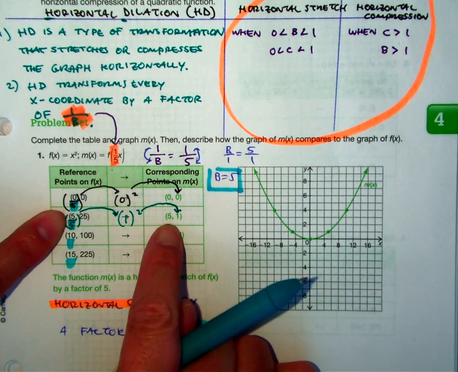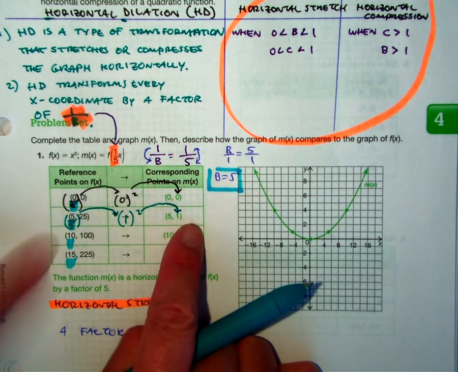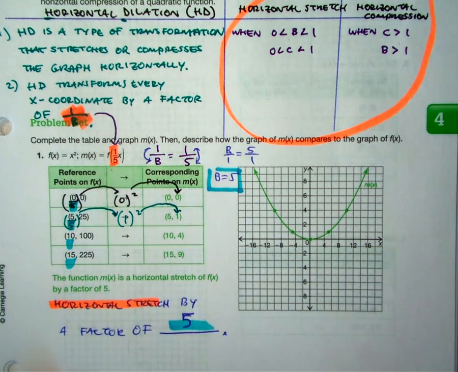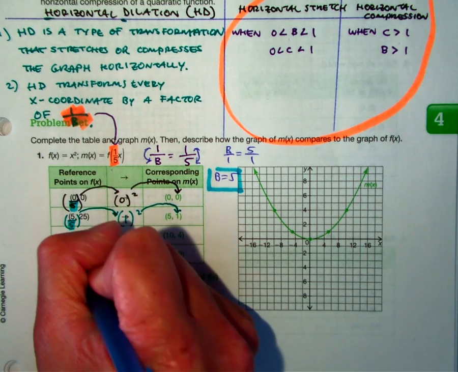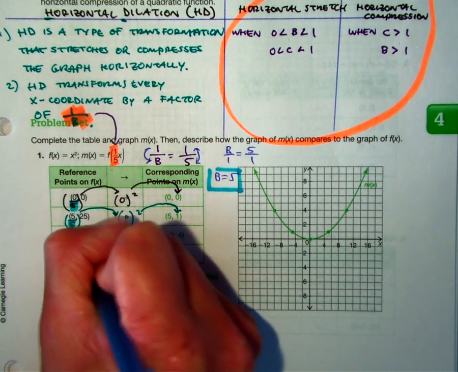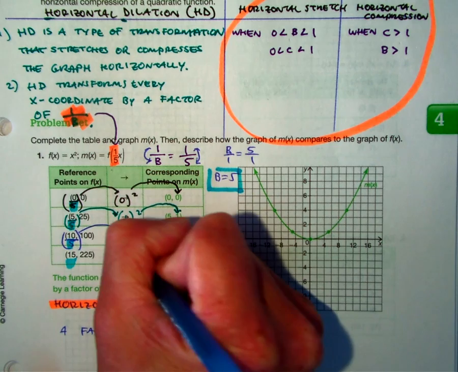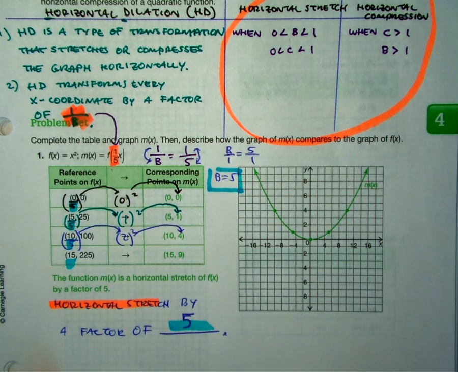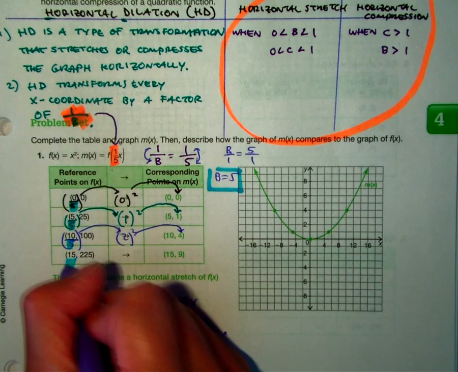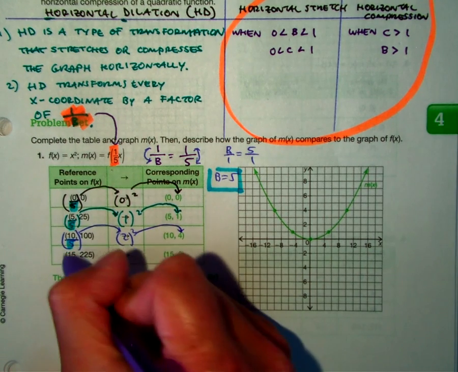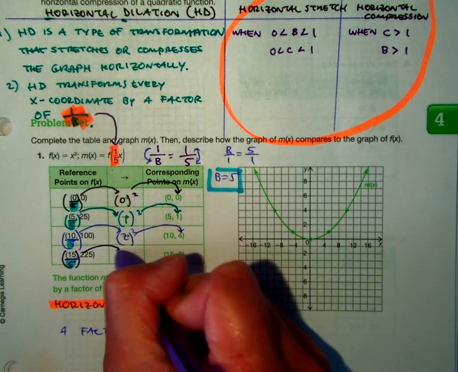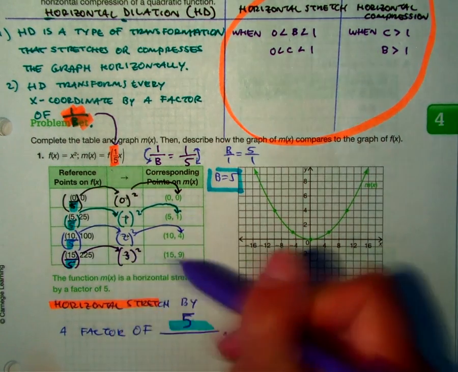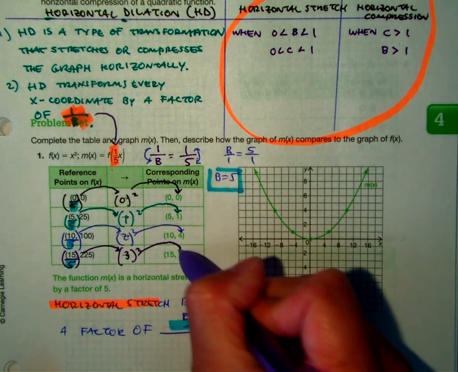The x values stay the same, but my y value has changed. 10 divided by 5 is 2. And 2 squared is 4. 15 divided by 5 is 3. And 3 squared is 9.